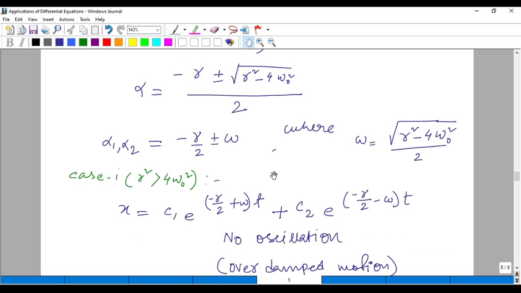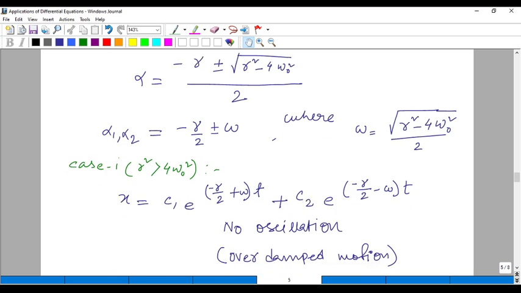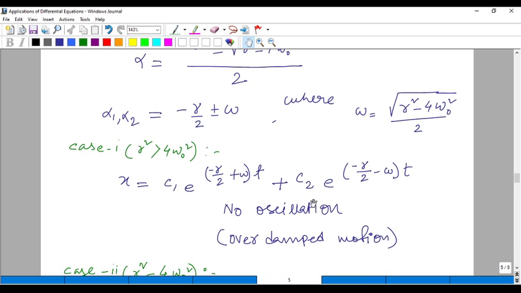Now depending on the values of gamma and 4 omega 0 square, we can go to three different situations.